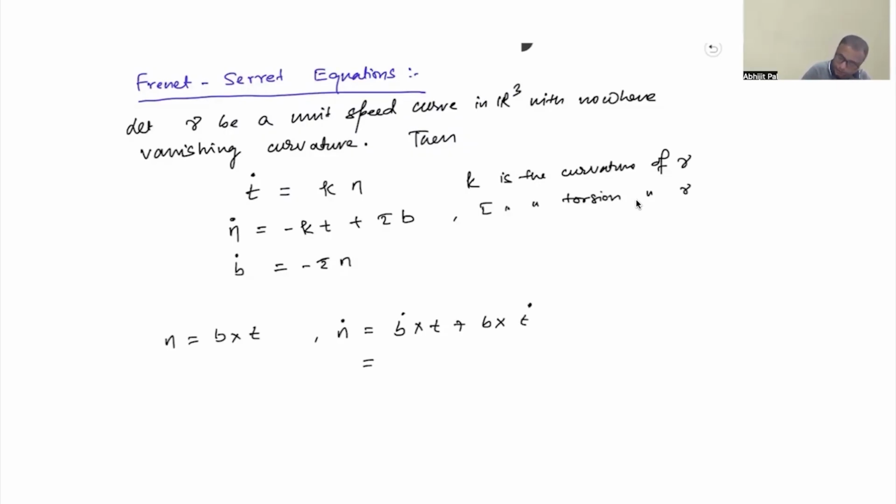And B dot, we already know, is minus tau times the normal vector, vector product with the tangent vector, plus B vector product with k times this unit normal vector.